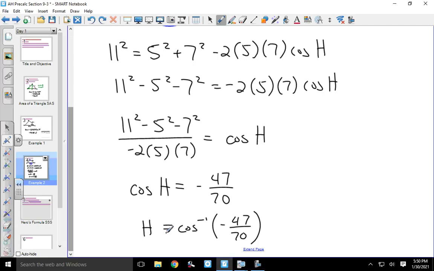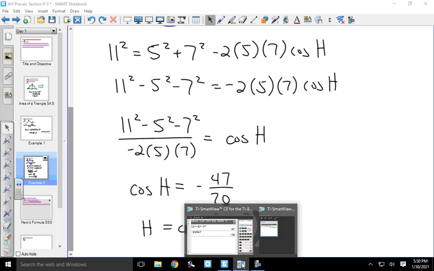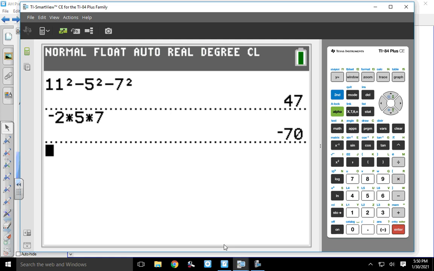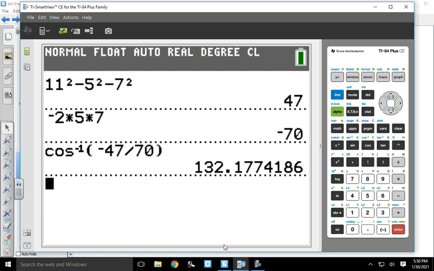Grab your calculator and let's see what we have. If we take the cosine inverse, make sure you're in the right mode. I'm in degree mode. Negative 47 divided by 70, and we get 132.177.